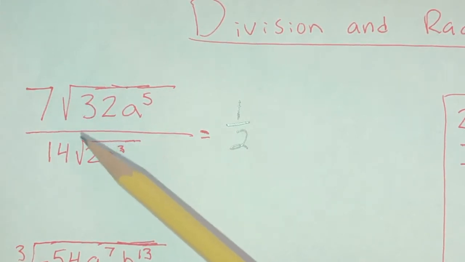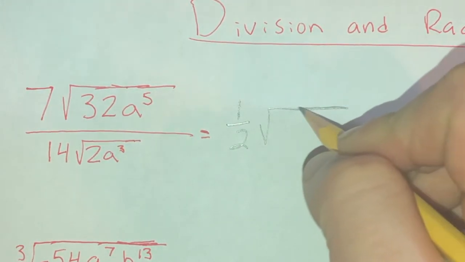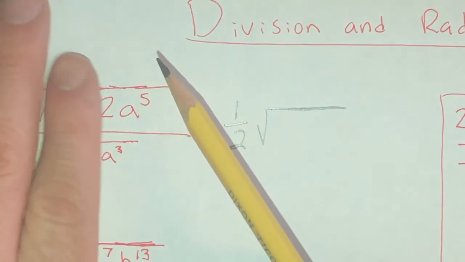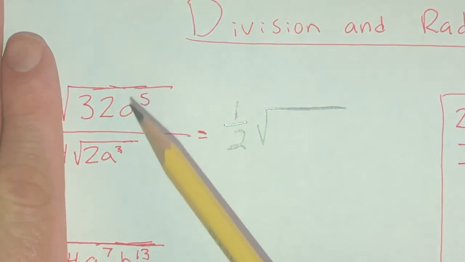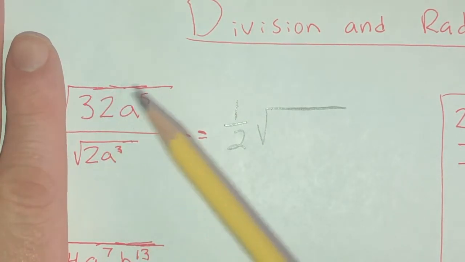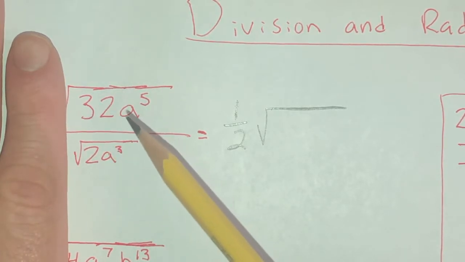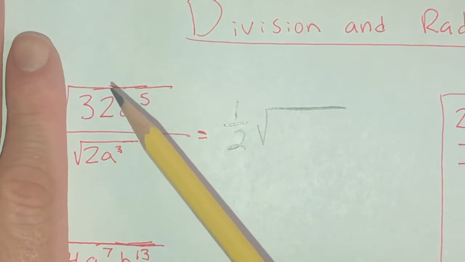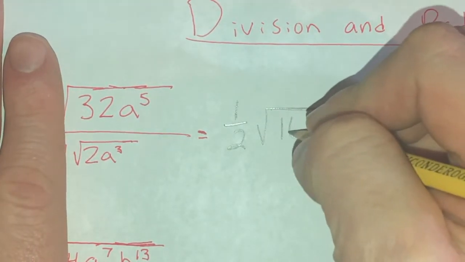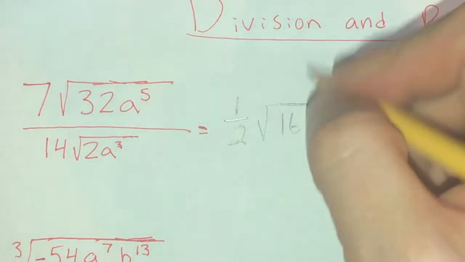Again, the indices are the same, so I'm going to divide within the root, because a square root divided by a square root is the same as putting everything inside one square root and then dividing. So that means it's the square root of 32 divided by 2, and then a to the 5th divided by a to the 3rd.